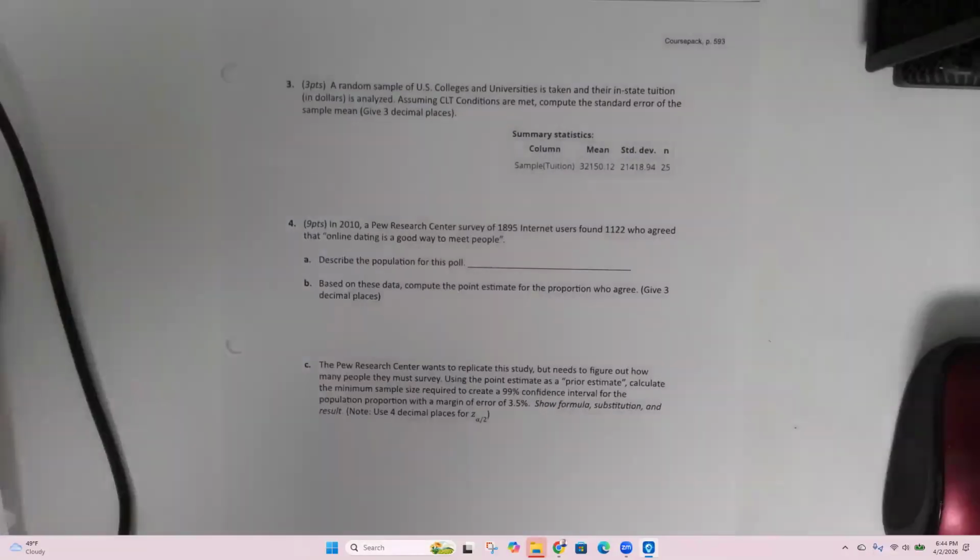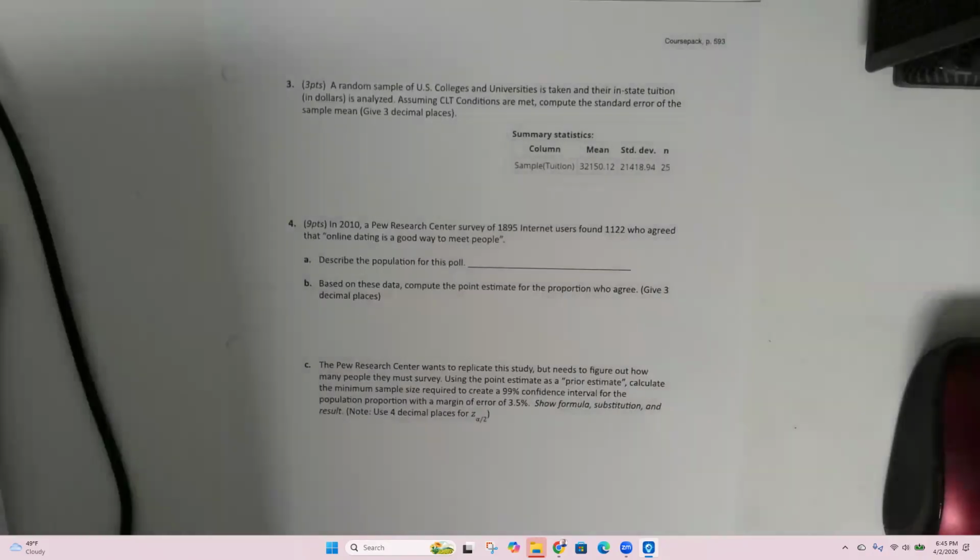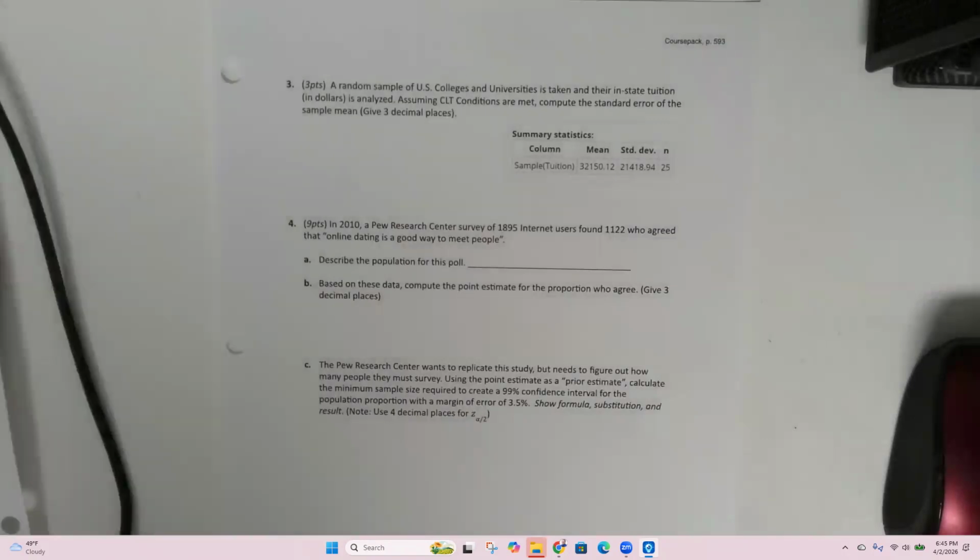Next page is page 593. A random sample of U.S. colleges and universities is taken, and their in-state tuition in dollars is analyzed, assuming central limit theorem conditions are met. Compute the standard error of the sample mean. So where in my exam notes packet do I find that standard error of the sample mean?